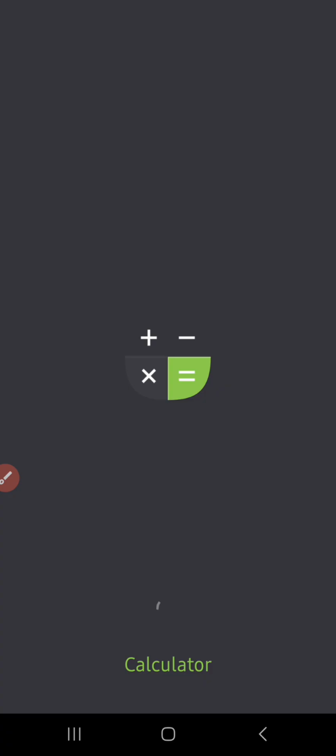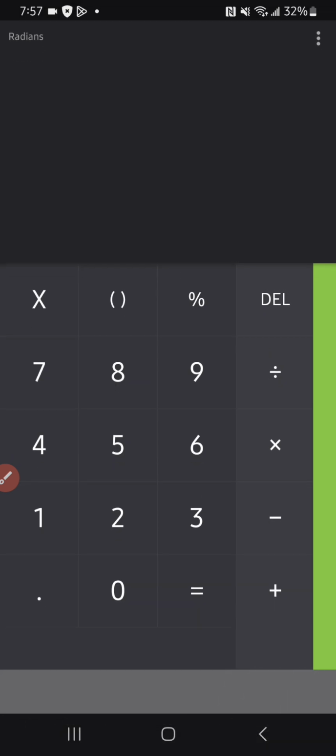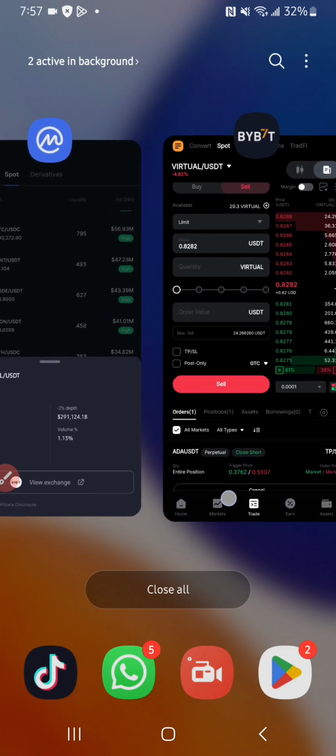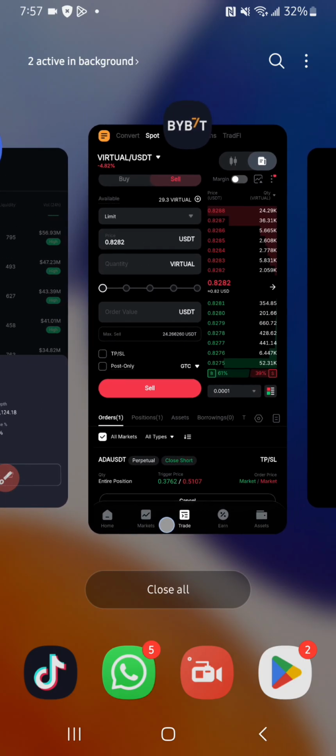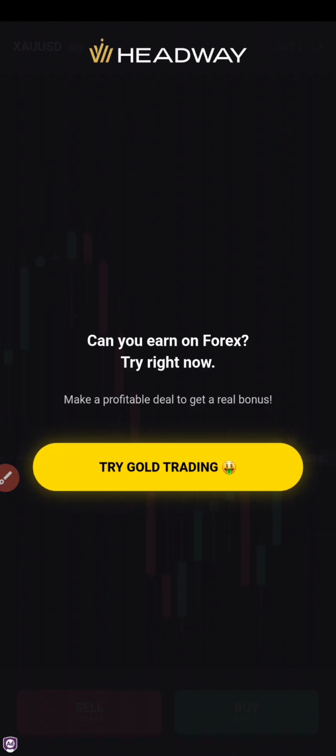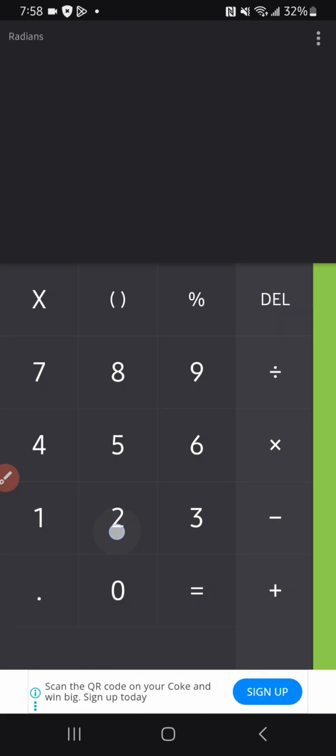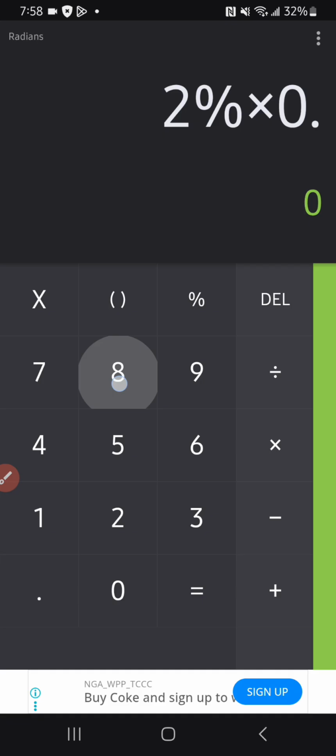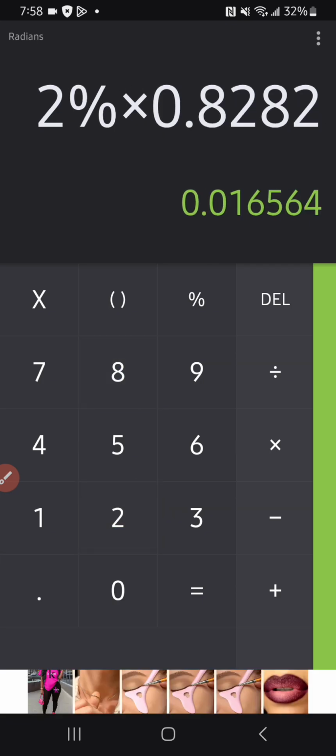As simple as that. So instead of selling for that initial price, increase the price by 2% and you get to realize your profit. So that should be 0.8282. 2% of that amount should be, let's look it up. 2% of 0.8282, that should give us this.